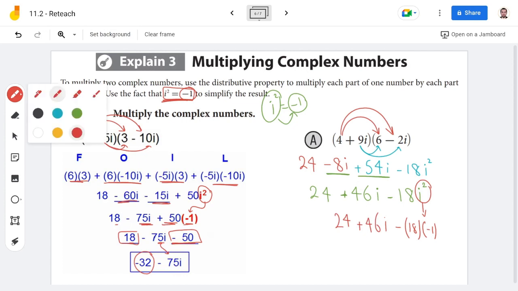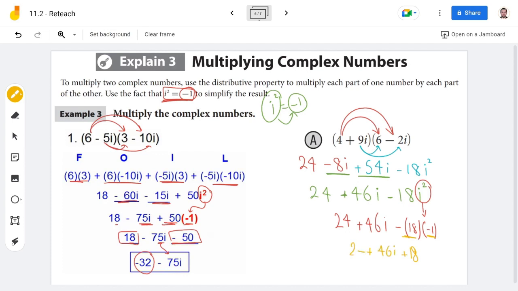Now let's multiply the numbers together. As you can see here, we have negative 1 with negative 18, which is equal to positive 18, plus 46i plus 24. Now let's add the like terms.